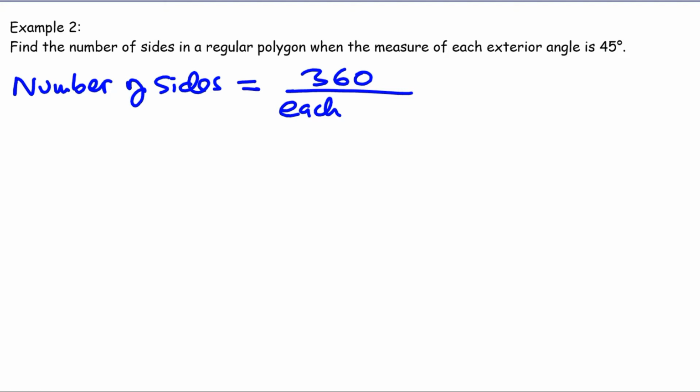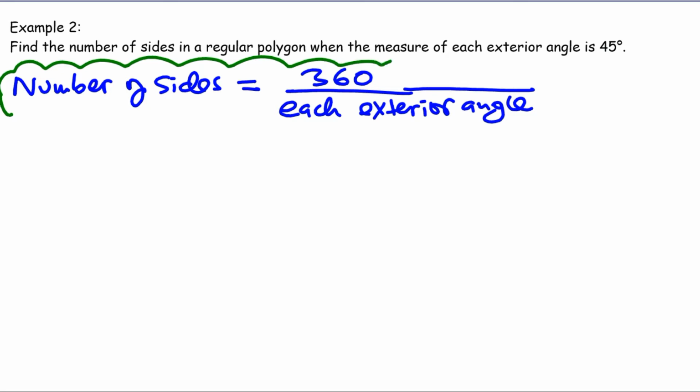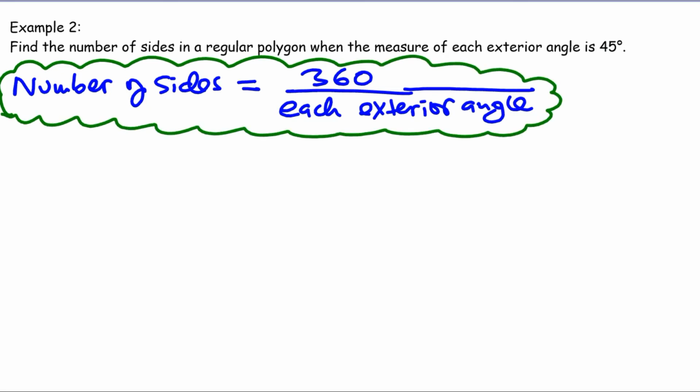Again, this is very important. So you need to kind of put it in a bubble so that in future, when you're working out a similar problem, you can just use the same formula.